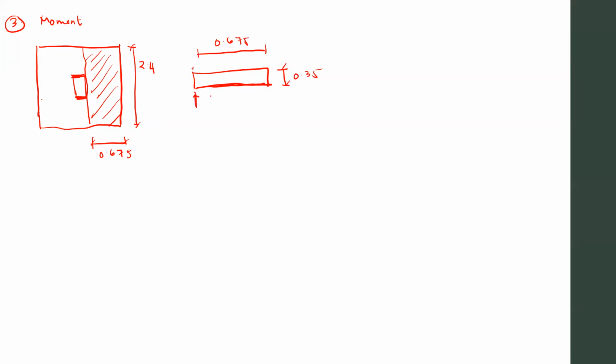Meron kang uniformly distributed sa ilalim which is equals to your Q sub U times the length 2.4. Kasi itong Q sub U mo is in kPa. So, kailangan mo ng away from your monitor para makompute mo yung load per linear meter.